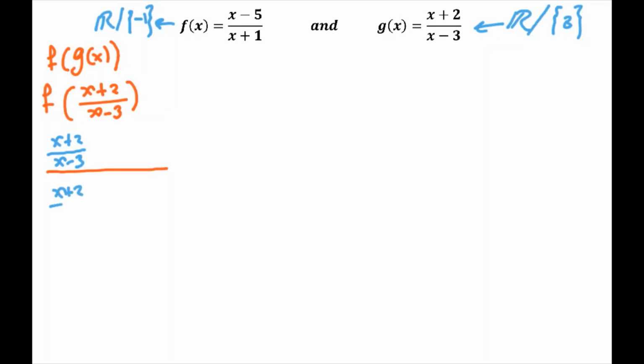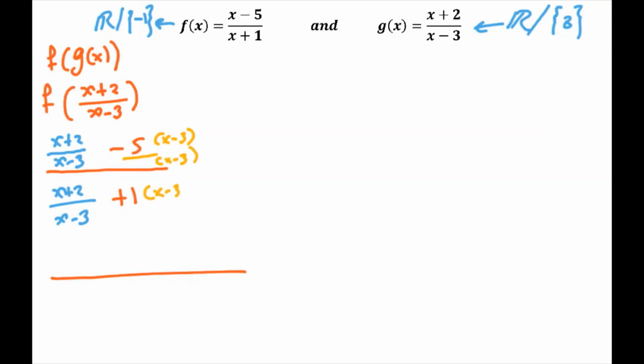And then minus 5, over that plus 1. Try to simplify by multiplying the numerator and denominator by x minus 3 here, and same here.